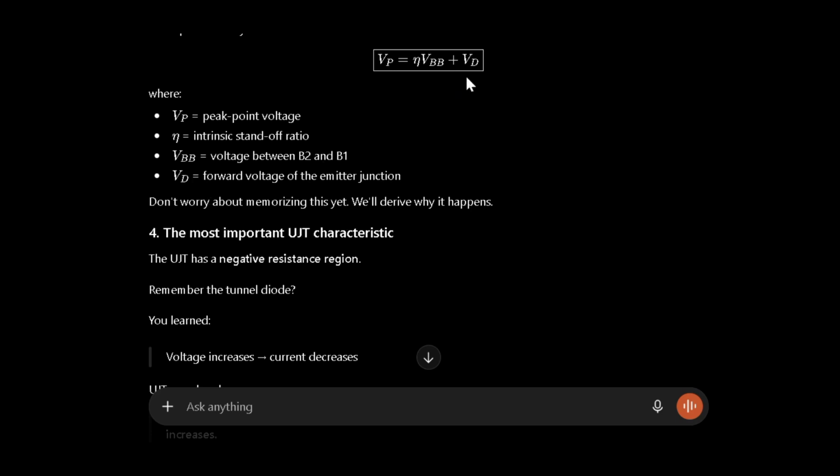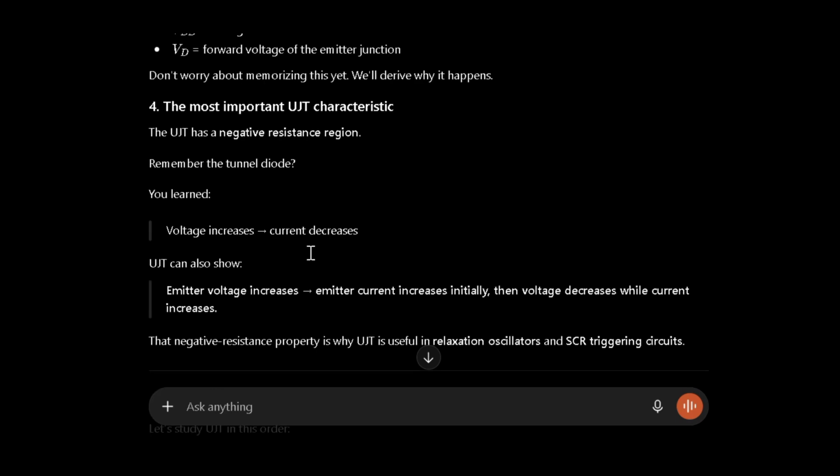There should be a difference. If there is no difference, 0, at that time it will not forward bias with P. So the emitter is in forward bias.